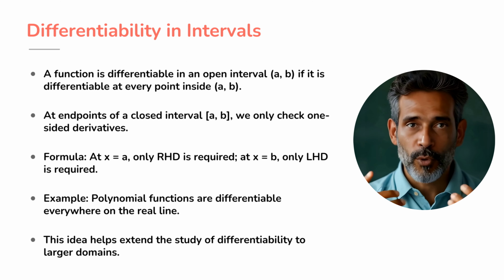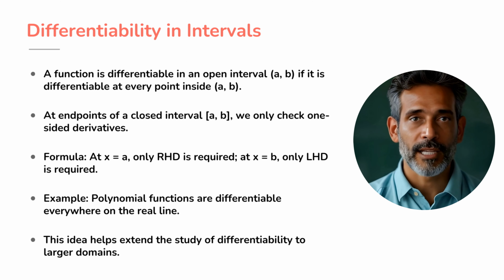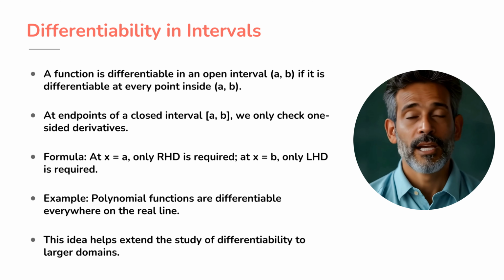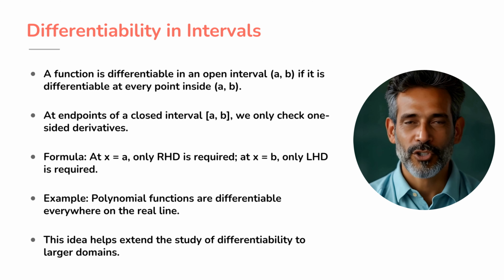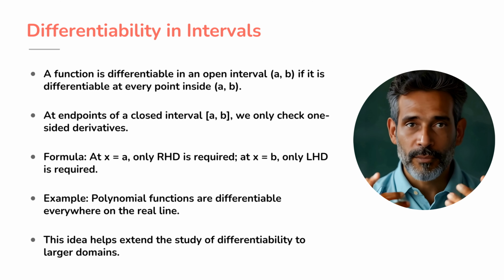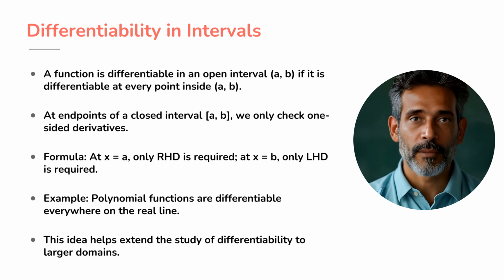At the left end point a, we only check the right-hand derivative, and at the right end point b, we only check the left-hand derivative. For example, polynomial functions like f of x equals x cubed or f of x equals x squared are differentiable everywhere on the real line, including all intervals. This makes them some of the smoothest functions we know.